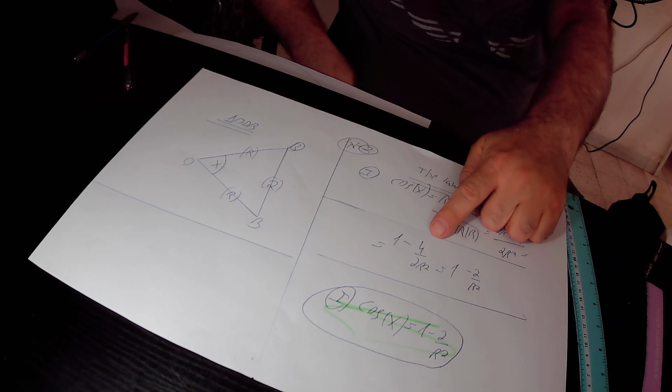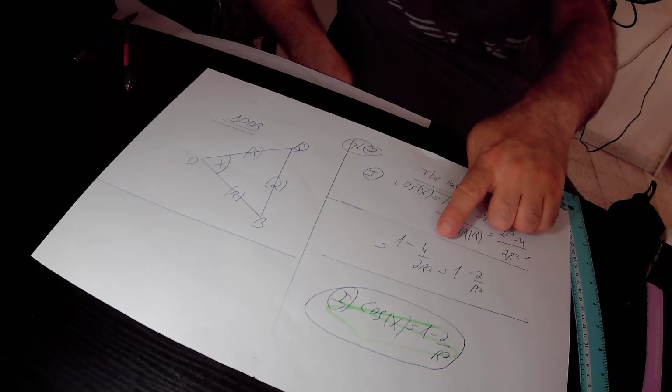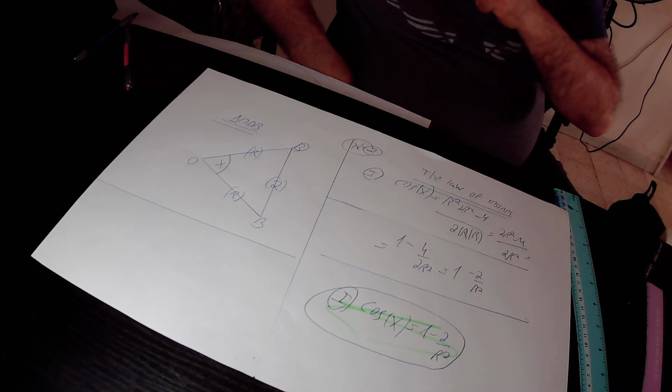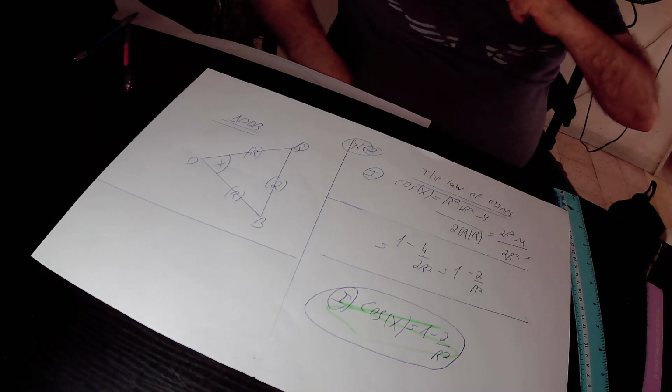Here we divided both the numerator and the denominator of this expression by 2. Minus 4 over 2 is minus 2, and 2R squared over 2 is R squared. So in conclusion, according to equation 1, cosine x equals 1 minus 2 over R squared.